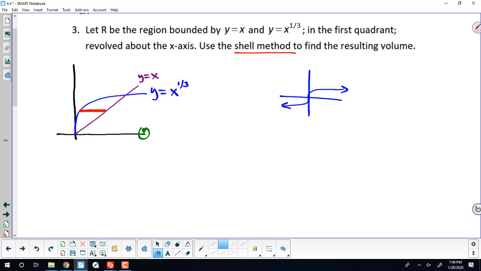So we've got this thickness here, dy. Which again, we need our function solved for x. One of them already is. We need y equals x to the 1/3. We need to solve that for x. We can integrate that.